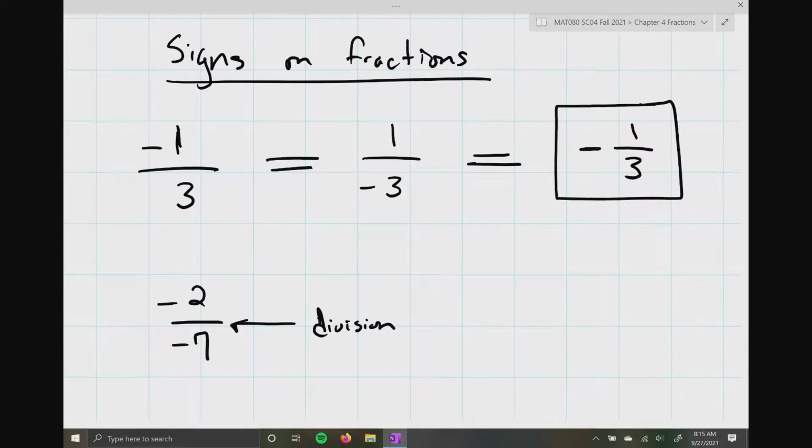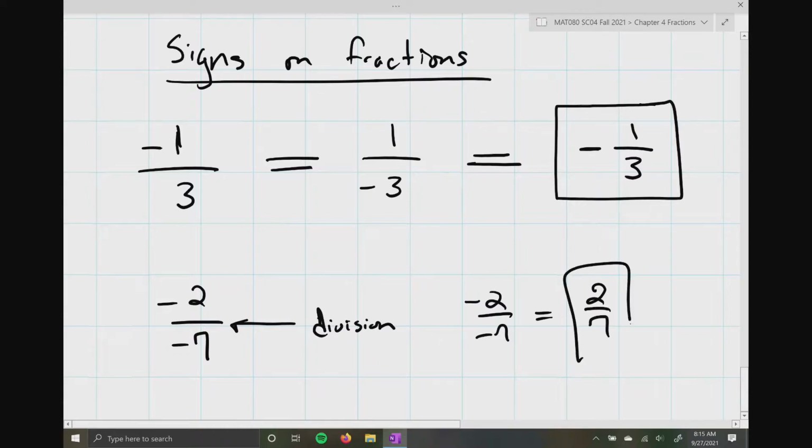And when you have two numbers that are both negative and you're dividing, it turns into what type of number? Positive. Very good. So just make sure that when you come across this situation, you just take that extra step and rewrite it as a positive number. Are there any questions with that?